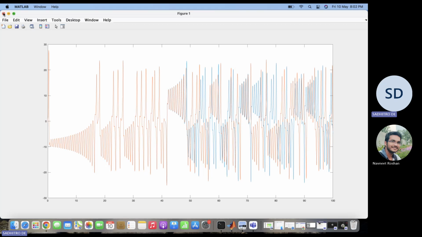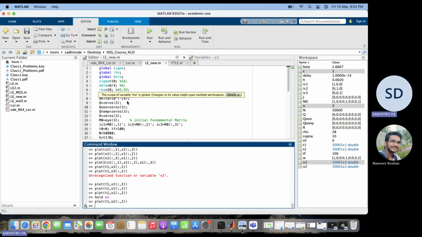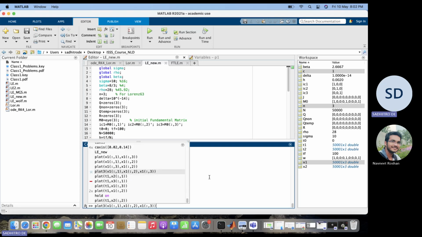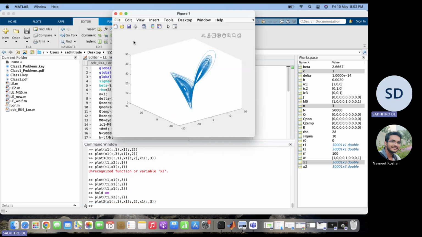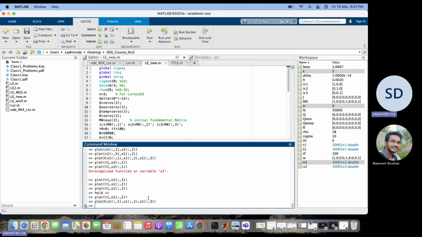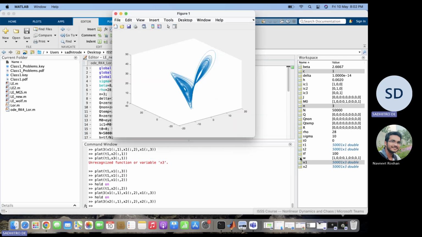So this is what is known as sensitive dependence on initial conditions, and it is a characteristic of any chaotic system. So you might ask, what do these trajectories look like in phase space for these two systems? So I would now plot the phase space trajectories of these two systems starting from very nearby initial conditions.